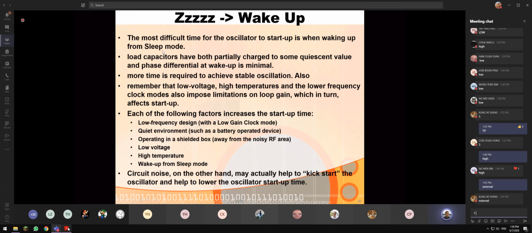Sleep mode is like, for example, you guys now listening to my lecture, probably you are already in sleep mode. Sleep mode is worse than idle mode. In idle mode, you close your eyes and listen. In sleep mode, you are totally lost, which means it is very difficult to start up.